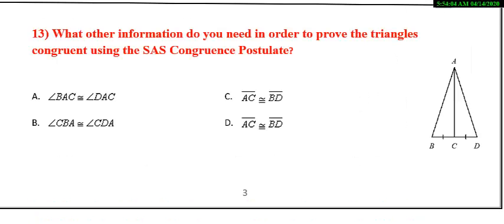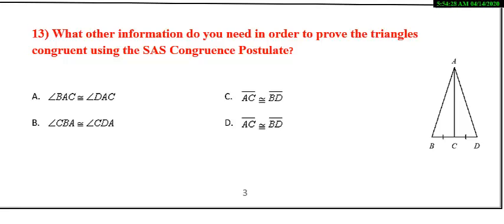Moving to question number 13: what other information do you need in order to prove that the triangles are congruent by SAS, side angle side? In the given figure, triangle ABD, AC is a median because AC divides BD into congruent segments, so C is the midpoint of BD.